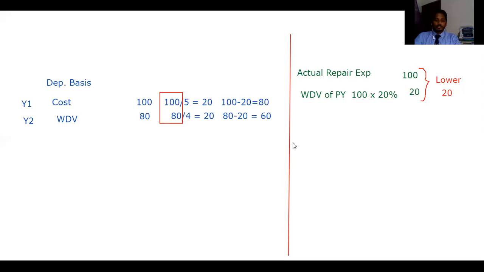Then we'll check how much excess repair cost needs to be added to the depreciation basis.